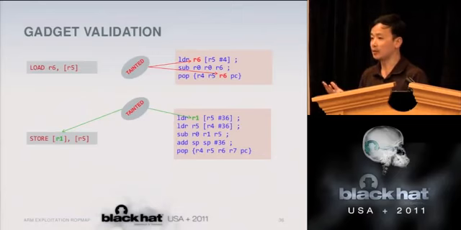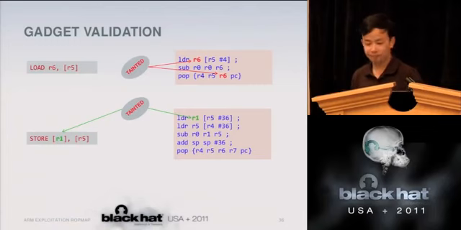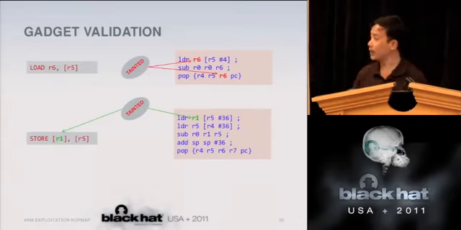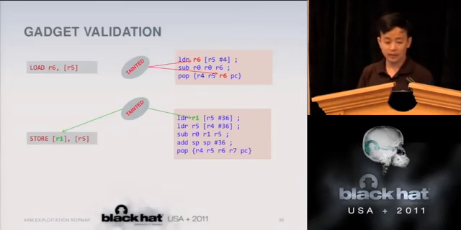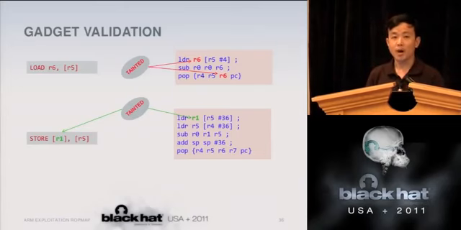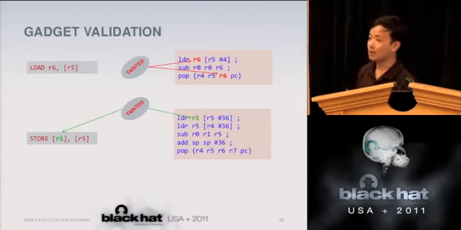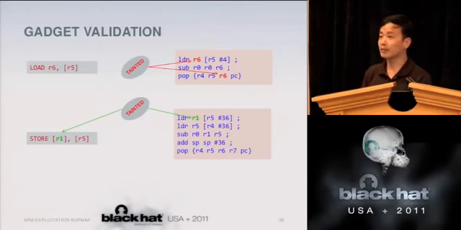It cannot be used; it's invalid. Another example is the store instruction. Here we want to store to memory referred by R1, and in our gadget chain we found a load into R1, which loads a value to R1, so it's invalid and cannot be used.